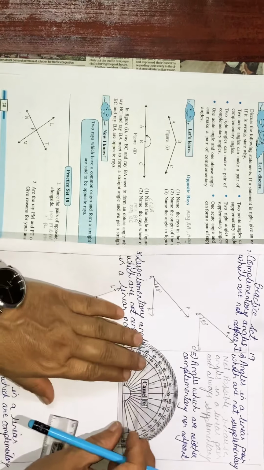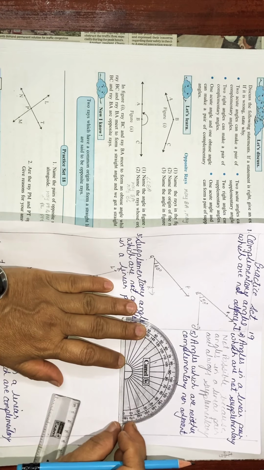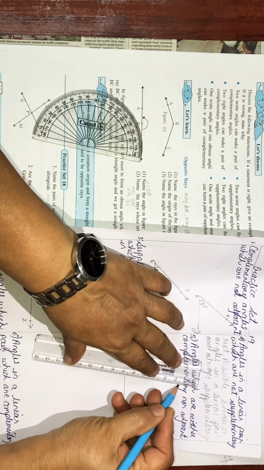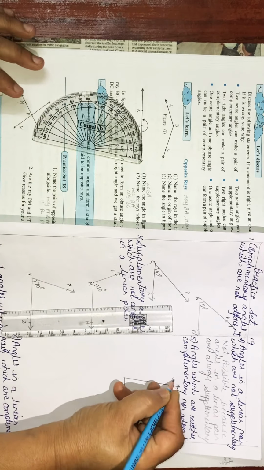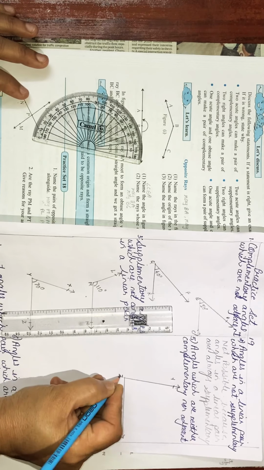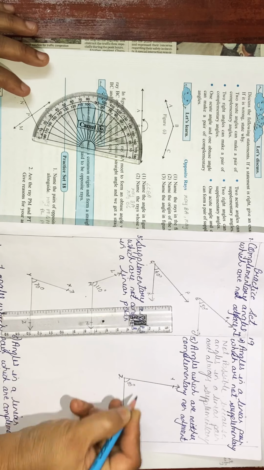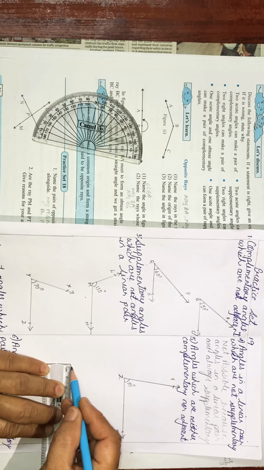Let's say 80 degrees we'll take. Let's keep it here and measure. Let's say 80 degrees here. And another one, let's take 40 degrees approximately.